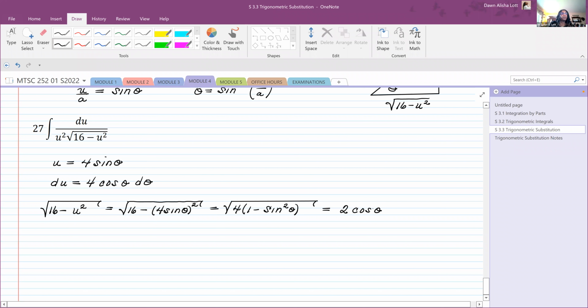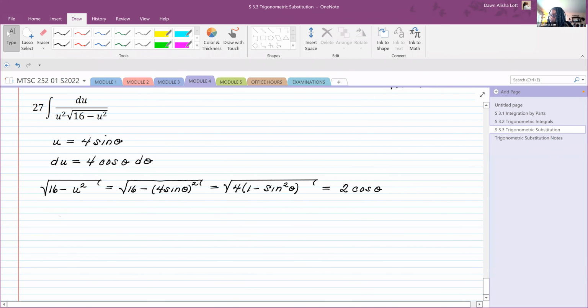All righty, so now we have everything. So our original integral is 27 times the integral of du, which is, no, I'm sorry, du is 4 cosine theta d theta, and then u squared is 16 sine squared of theta, and the square root of 16 minus u squared is 2 cosine of theta.